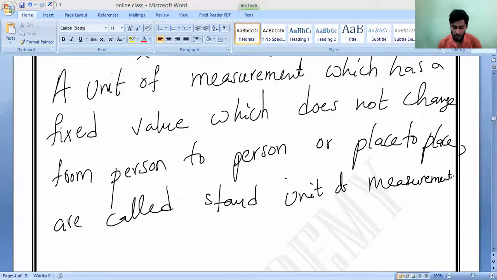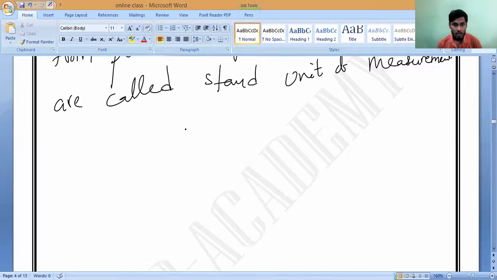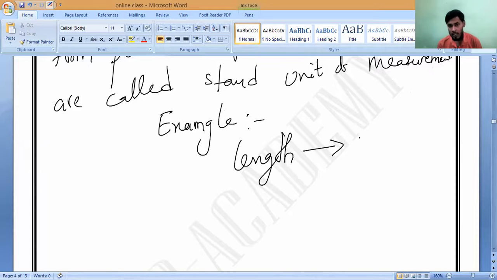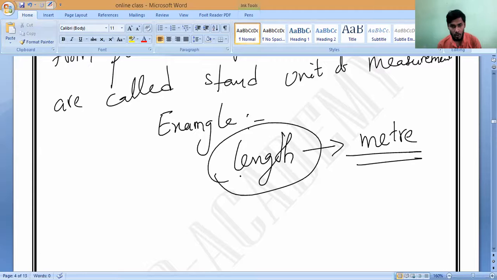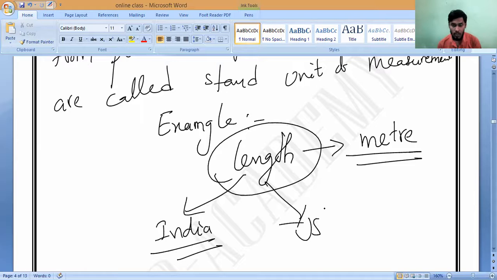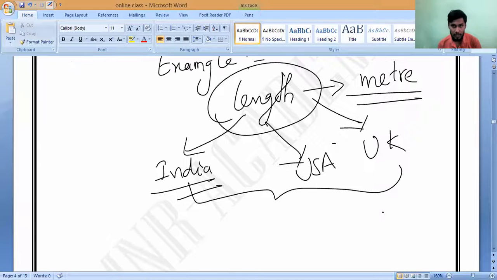What is an example of a unit? Can you say an example? For example, if we take length, how can you measure? What is the standard unit of length? Meters. Is it yes or no? Meter is the standard unit of length. In India it is the same, in the US also the same, in any other country, UK, everywhere the unit of length is the same.